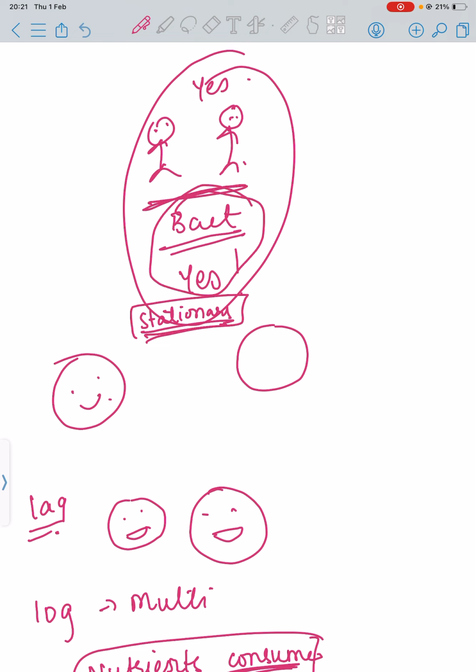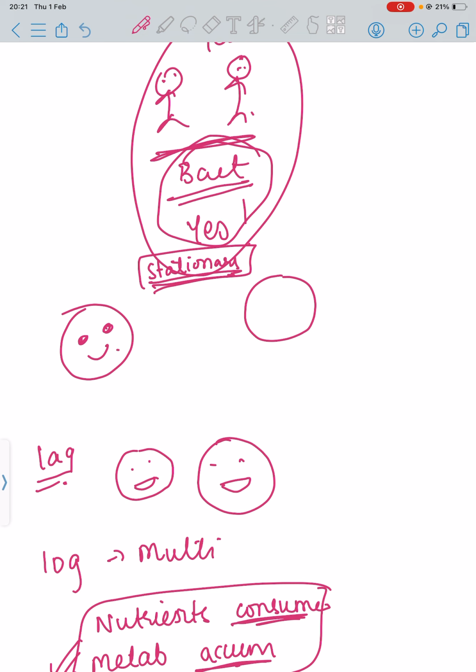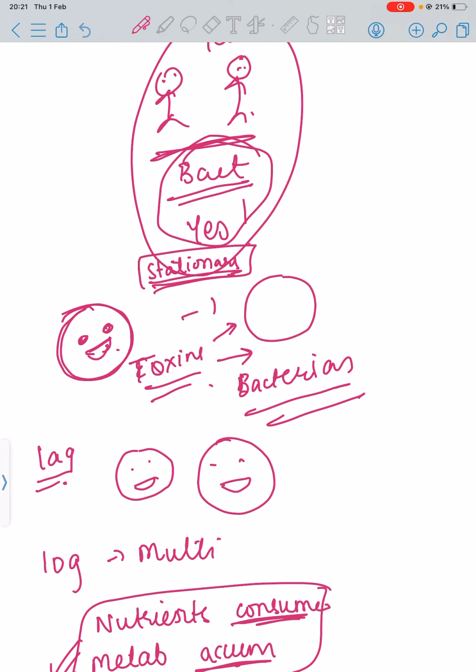Once the bacteria realizes that there are lots of metabolites formed and nutrients are getting consumed rapidly, they say let me survive and let him die. So the bacteria produce toxins which can actually kill other bacteria.